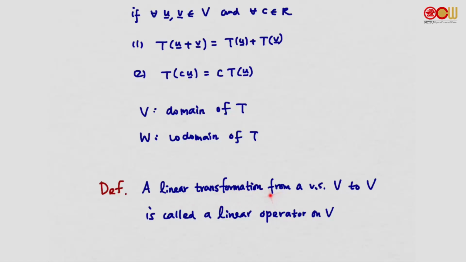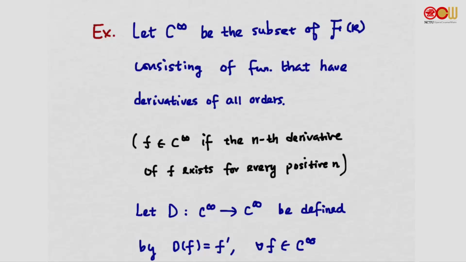A linear transformation from a vector space V to the same vector space V is called a linear operator on V. Consider C infinity, the subset of F(R) that consists of functions that have derivatives of all orders, and D, a mapping from C infinity to C infinity, so it's actually a linear operator on C infinity, and it's defined like this.